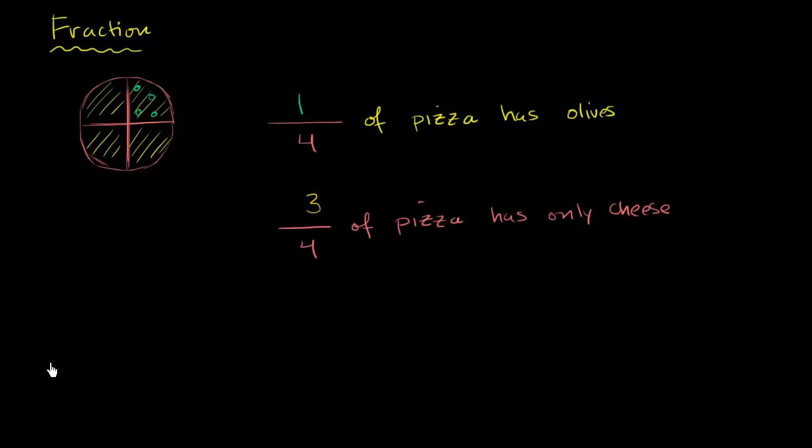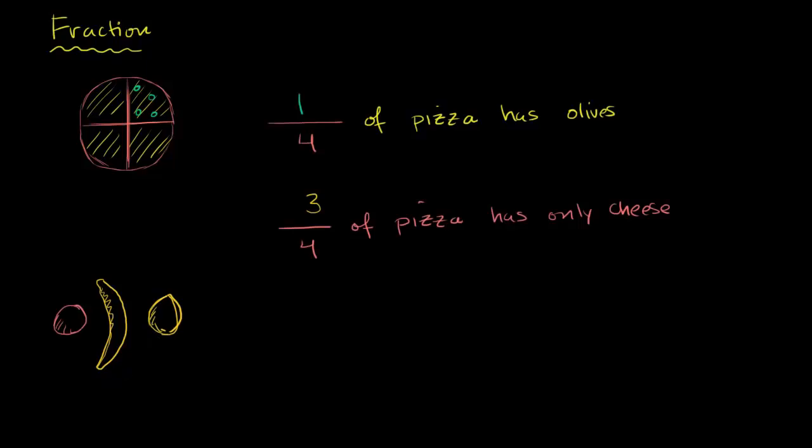So let's say that I have an orange, so that's an orange right over there. And I have a banana, so that's my best attempt at drawing a banana right over here. And I have a lemon, just like that.